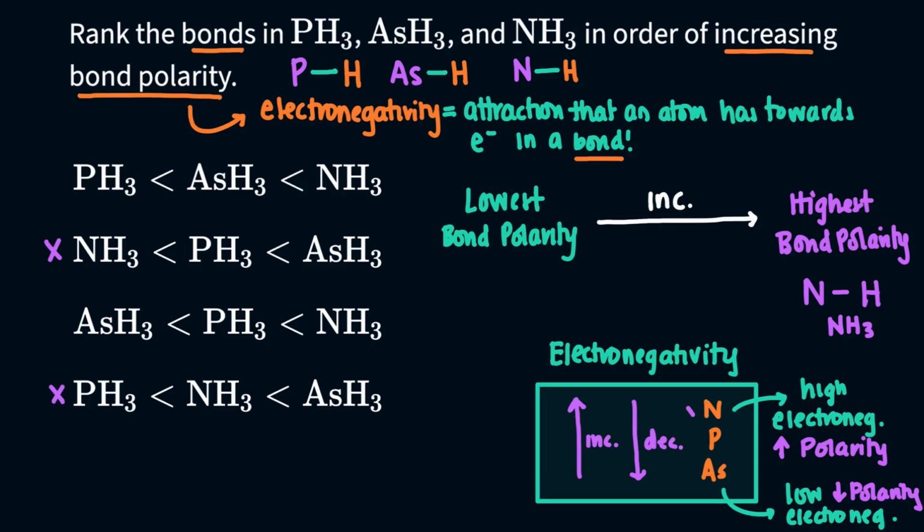But now, who would be the lowest? It would be the arsenic, the As. So we have the As bond having the lowest polarity, because arsenic has the lowest electronegativity out of these three. And the molecule would be AsH₃. So we know that this one is on the left side.